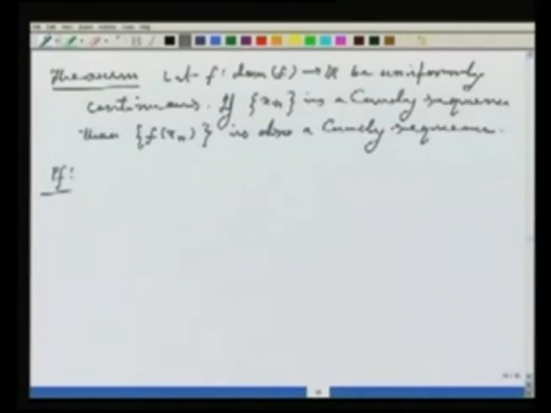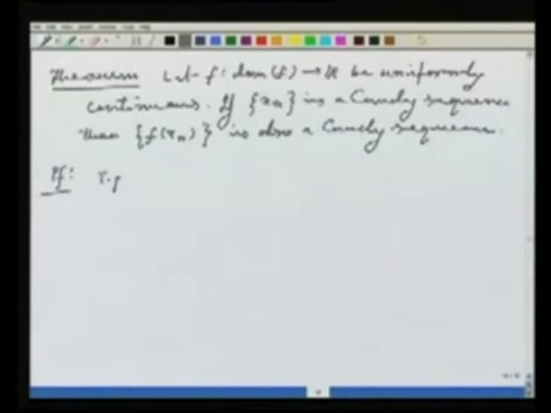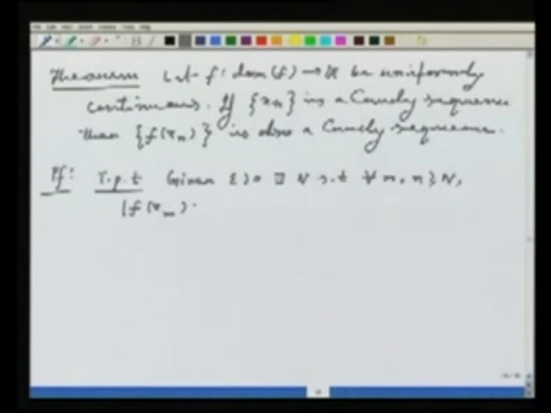If I have to show f(xn) is a Cauchy sequence, what I have to do is, to prove that, given epsilon bigger than 0, there exists capital N such that for all m, n bigger than or equal to capital N, mod of f(xm) minus f(xn) is less than epsilon.